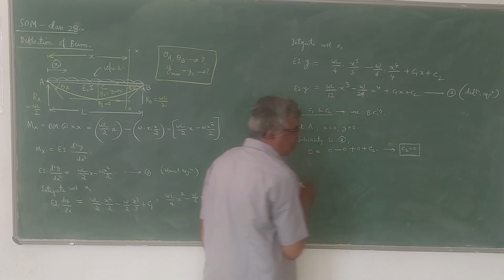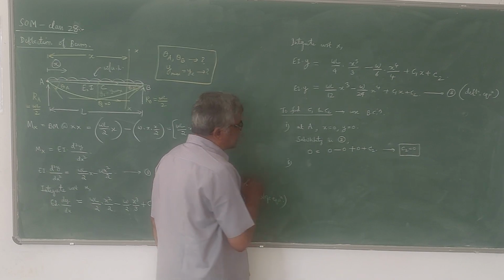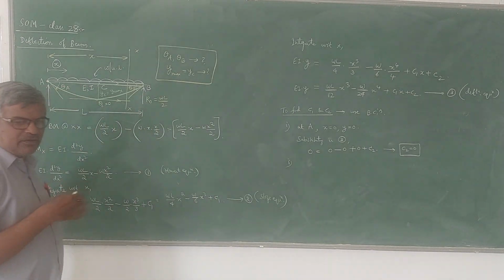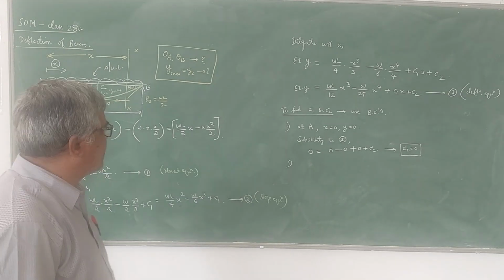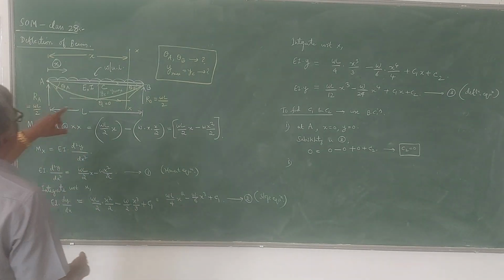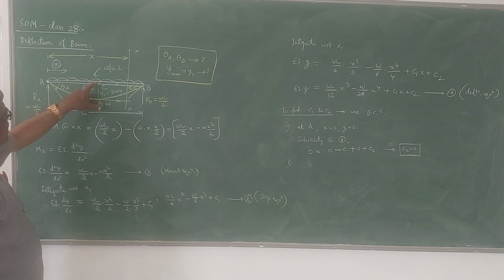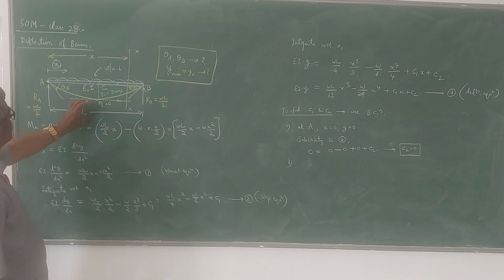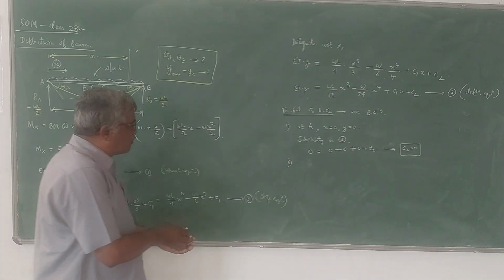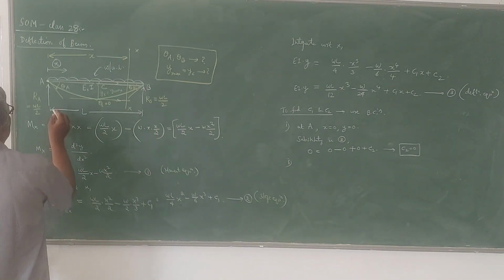This is the first value. Now for the second value, we can make use of the symmetry property, since this is a symmetrical beam. So the boundary condition we can use is at the midspan point, that is at C, slope is 0 and deflection is maximum. So slope is 0 at point C. What is the value of x at point C?